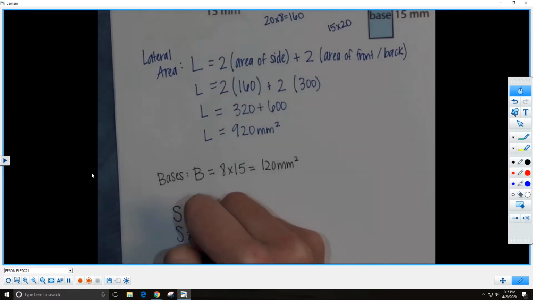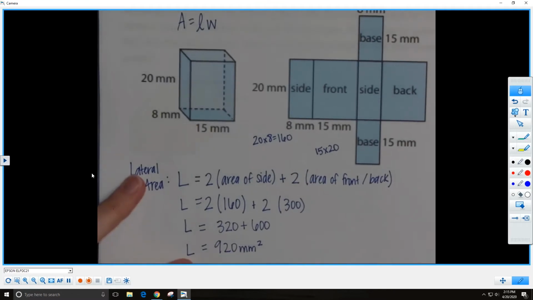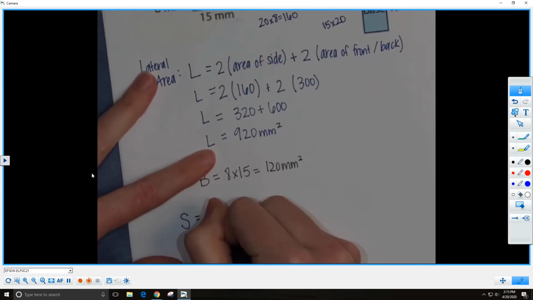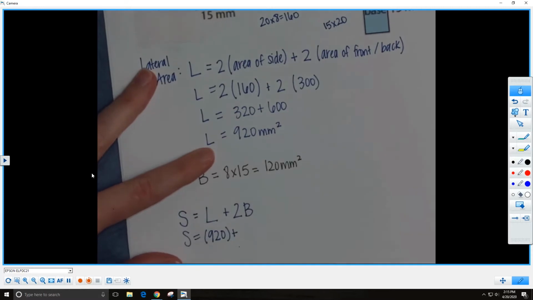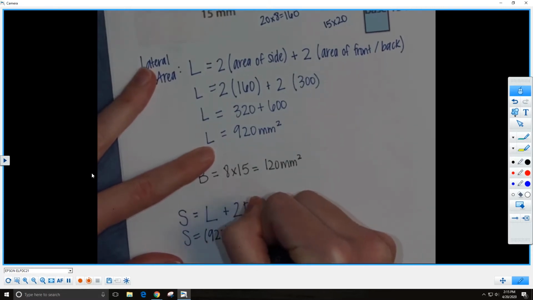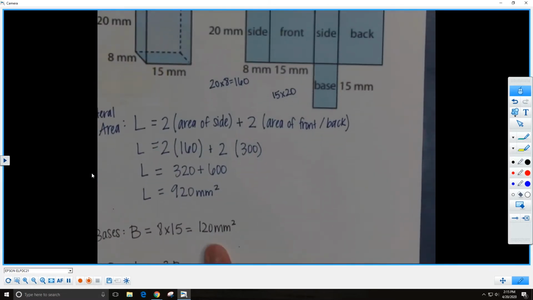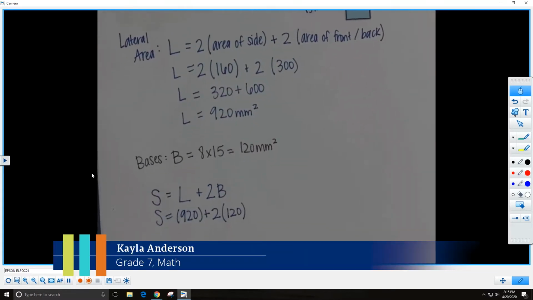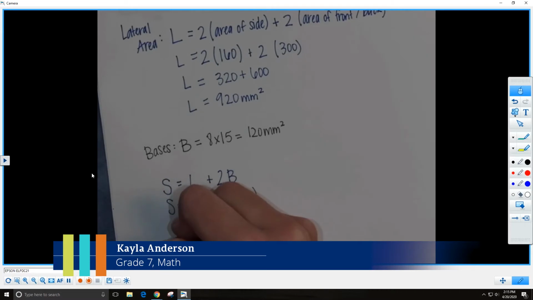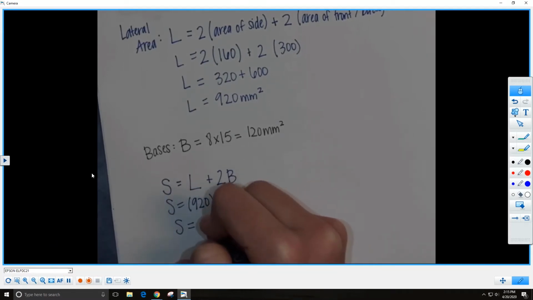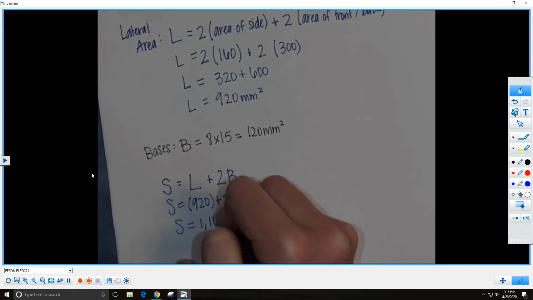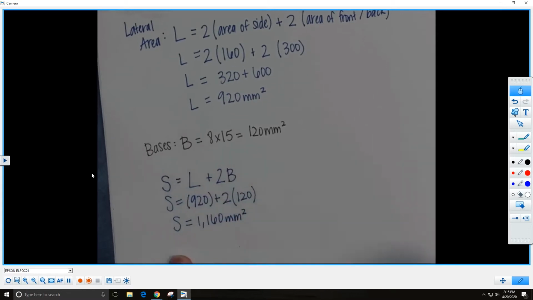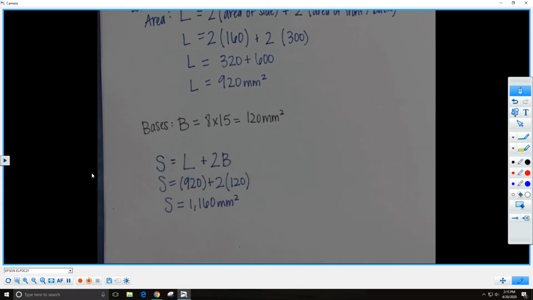The lateral area was 920 square millimeters, and the area of the base was 120 square millimeters. We'll multiply and add those together to find that the surface area is 1,160 square millimeters.